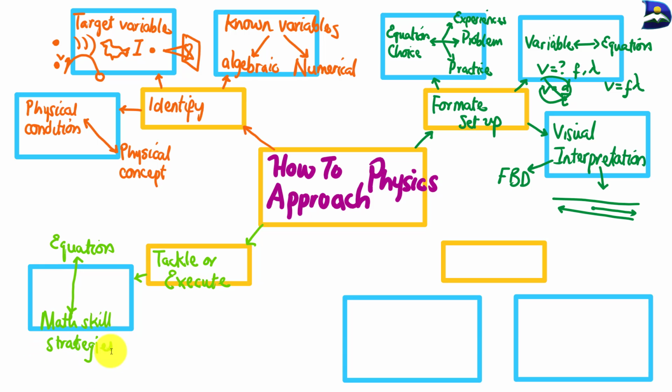But the most important thing is how it connects to what we looked at earlier, which is the target variable. Usually we're asked to find something, which is our target variable, and it is really necessary to be aware of this, as it leads to the overall goal of problem solving in this approach to physics.